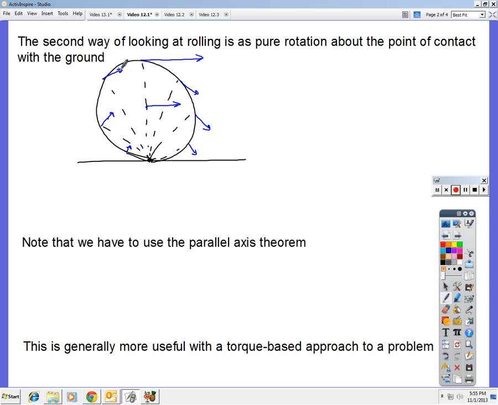Now, if we do this, we have to use the parallel axis theorem, because we're rotating about a point that is not the center of mass.